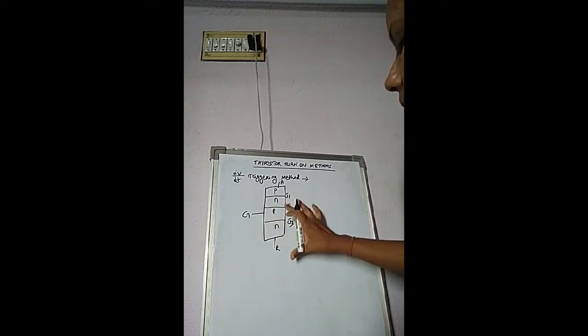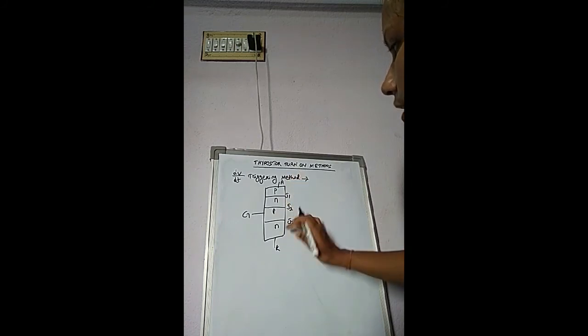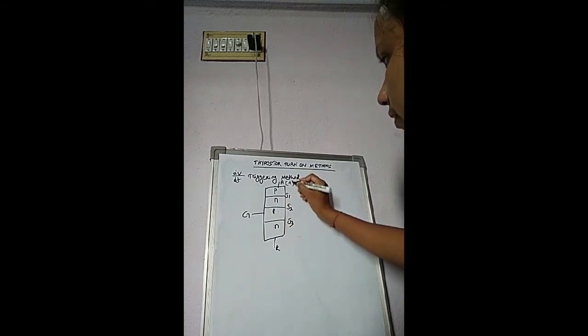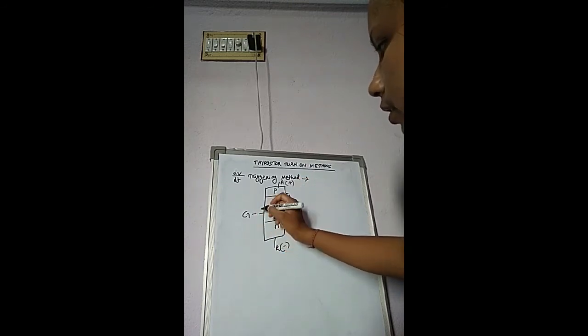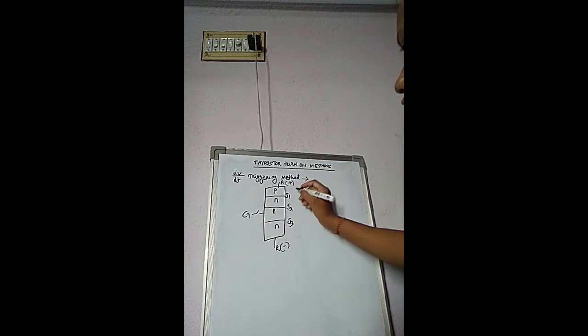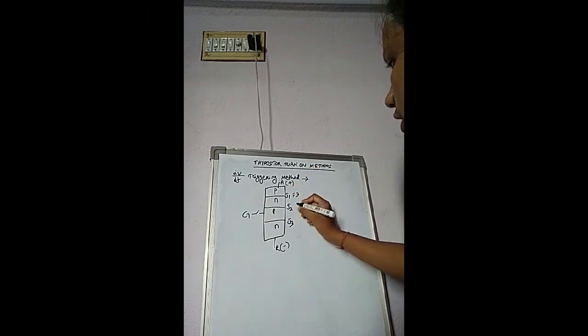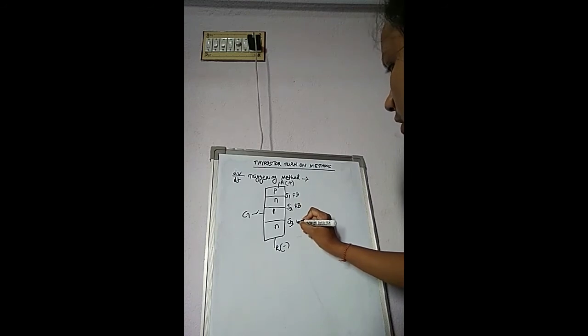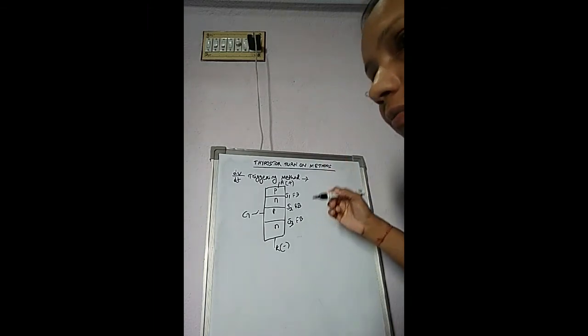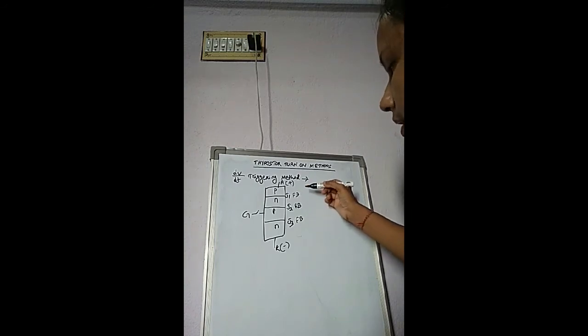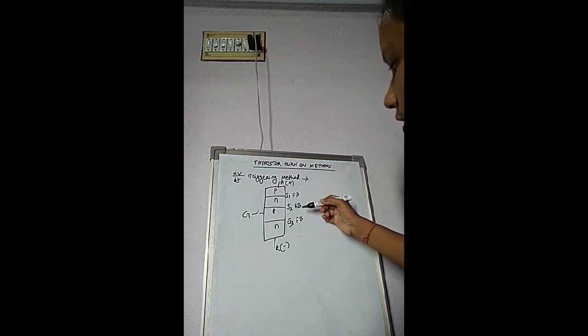When we apply forward voltage, anode positive with respect to cathode, and gate open, J1 is forward biased, J2 reverse biased, J3 forward biased.